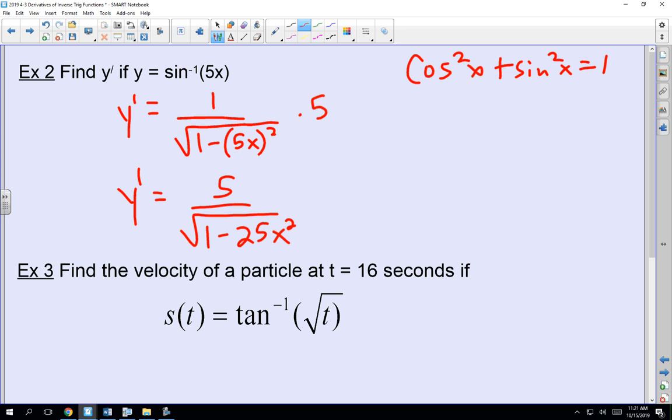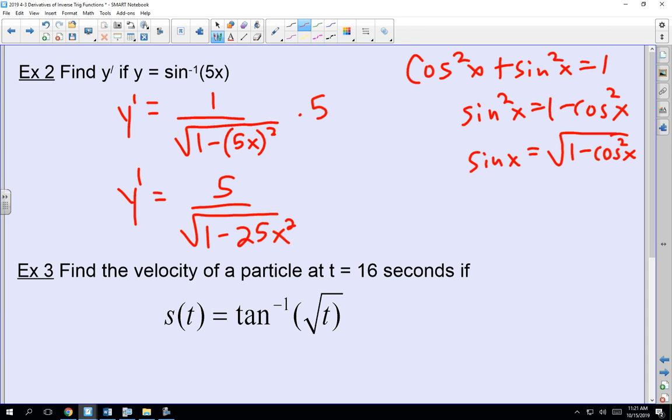So if you solved the Pythagorean identity for sine squared, you'd have sine squared of x equals 1 minus cosine squared of x. We saw that in the derivation of this. And then sine of x, at least the positive square root, would be the square root of 1 minus cosine squared of x. That's what we did to get the derivative in the first place: we used implicit differentiation along with a Pythagorean identity substitution. So that's how I remember it.